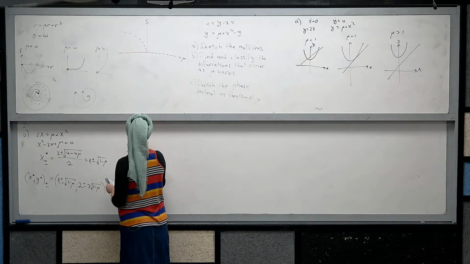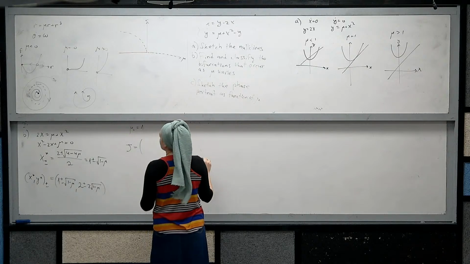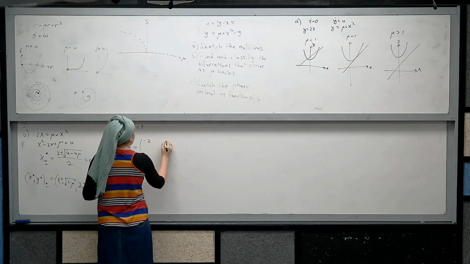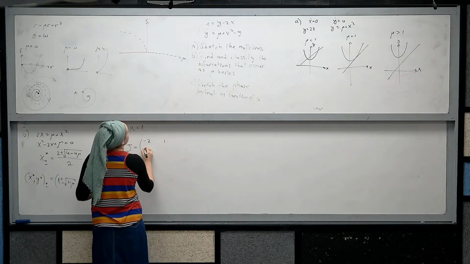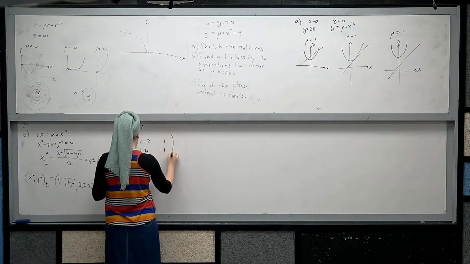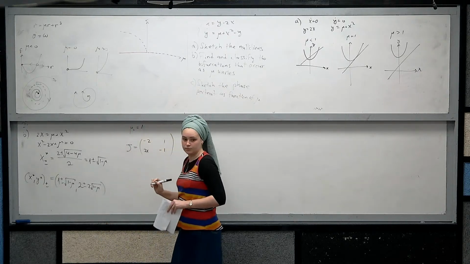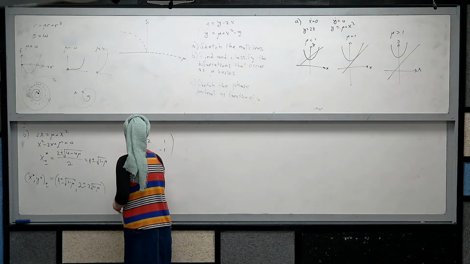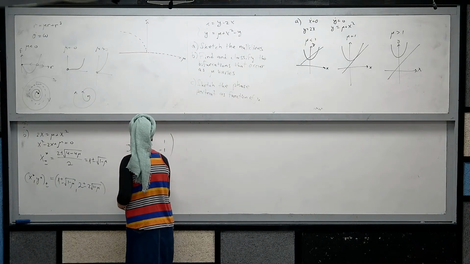So we have minus 2, 1, and 2x and minus 1. Right?